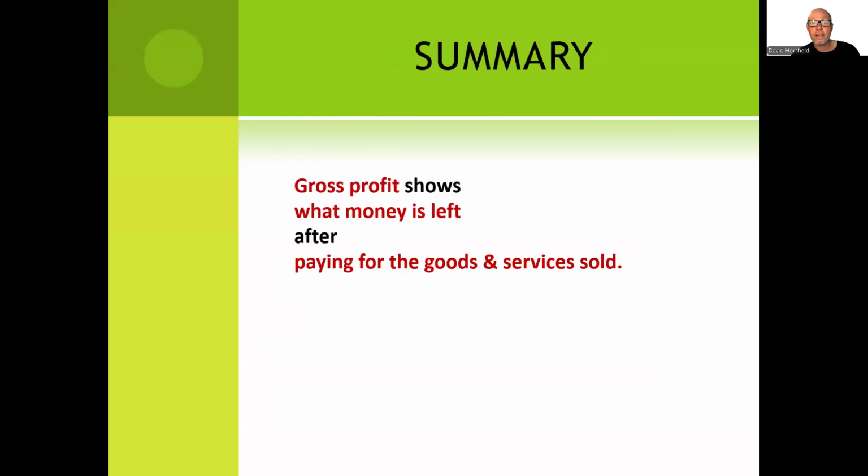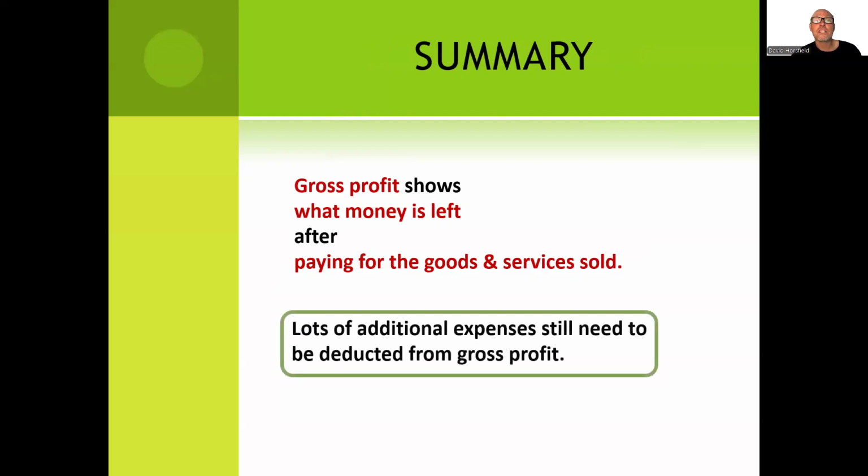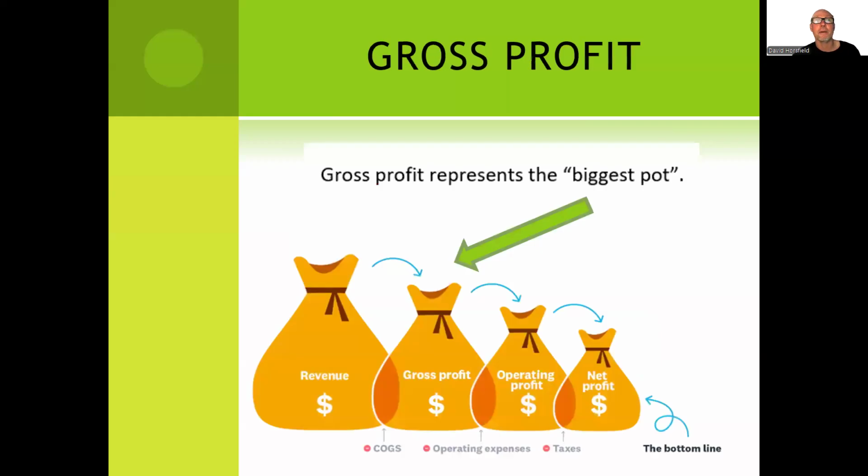So to summarize, gross profit is what's left after paying to generate the goods or services. Now, there are still lots of additional expenses that need to be deducted from gross profit, so we need to go back to the money bags and figure out our next step.